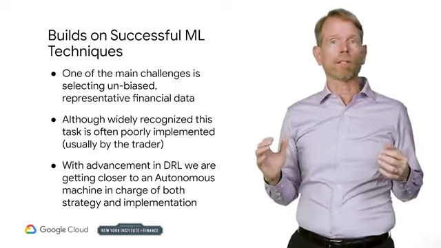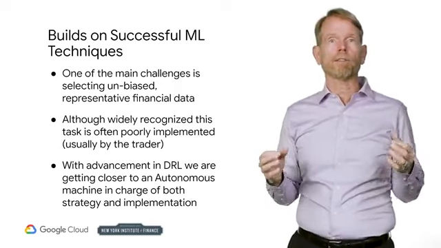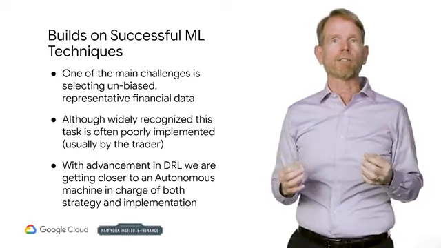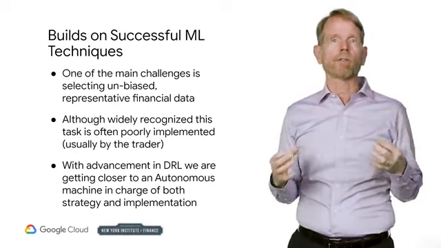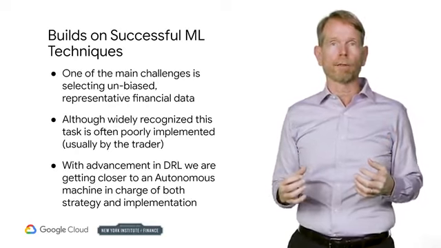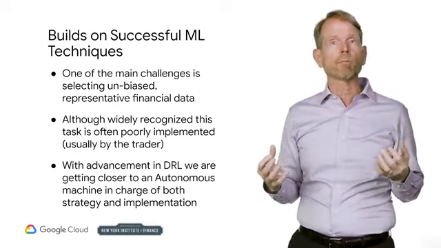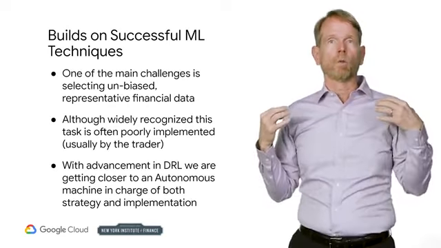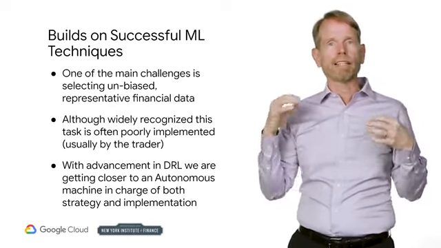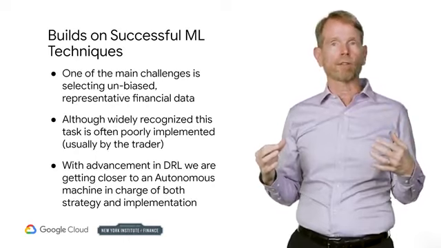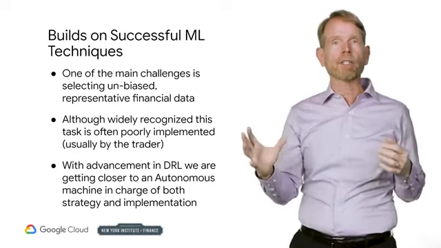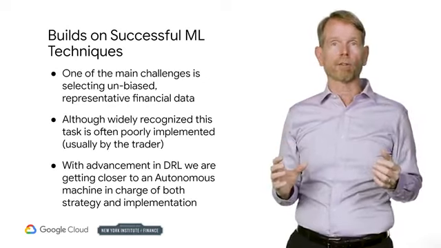Although the data quality problem is a well-known weakness in the design of efficient trading algorithms, it still remains an issue, and its solution is often quite poorly implemented. However, with the major improvements that deep reinforcement learning brings, we are getting closer to facing the next level of autonomous trading system, one where the machine is in charge of both the strategic and the implementation parts.